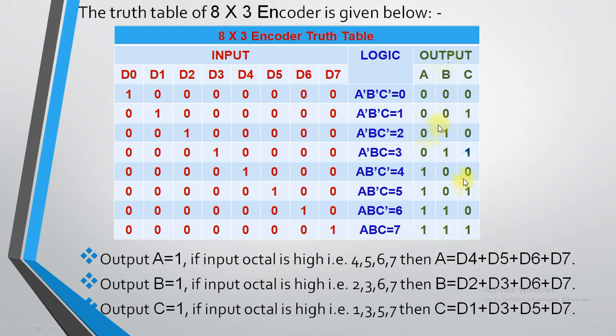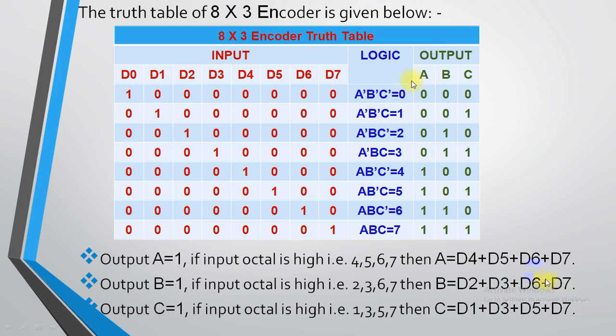Consider the B column. Over here, 1, 1, 1, 1. So output will be 1 in B in the case of 2, 3, 6, 7. So D2, D3, D6 and D7. These four are the columns in which the B output is high. So B equals to D2 plus D3 plus D6 plus D7.